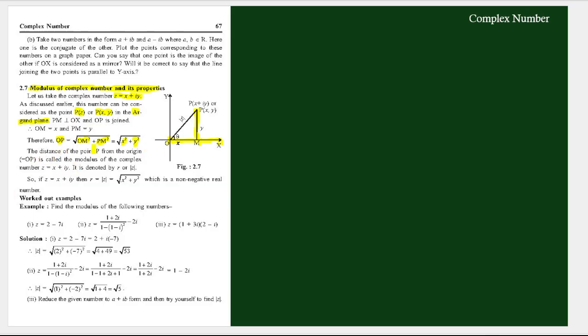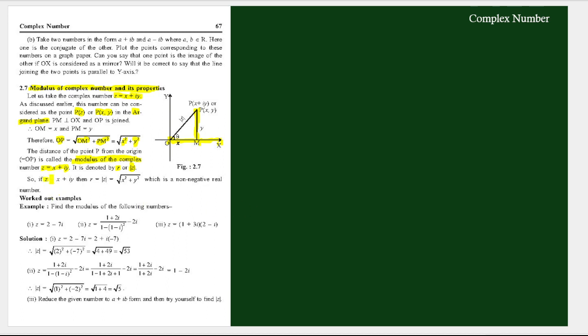Now this distance of P from the origin is called the modulus of the complex number. So modulus is nothing but the distance from the origin to the point. This is the modulus of the complex number z equal to x plus iy, and it is denoted by the letter r, or sometimes by the modulus symbol, mod z.